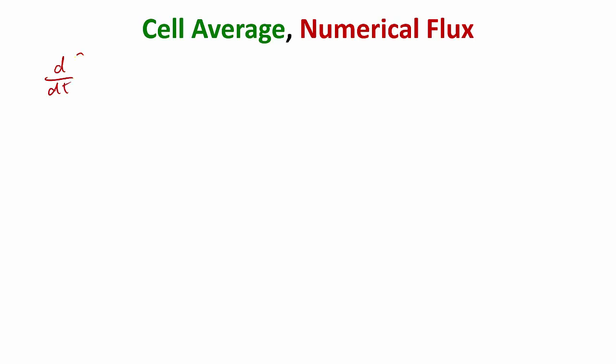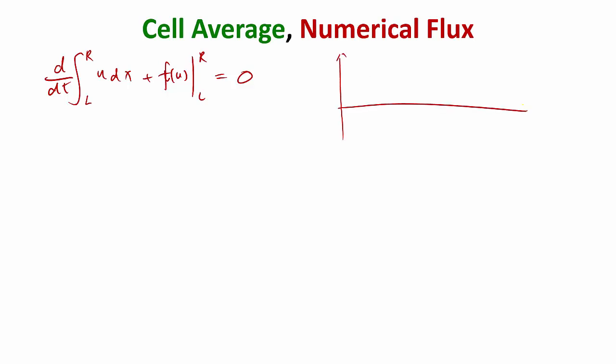d/dt of the integral over L and R of u dx plus f of u evaluated between L and R is equal to 0. And the finite volume scheme specializes this by taking L and R that are close to each other but not infinitesimally close.